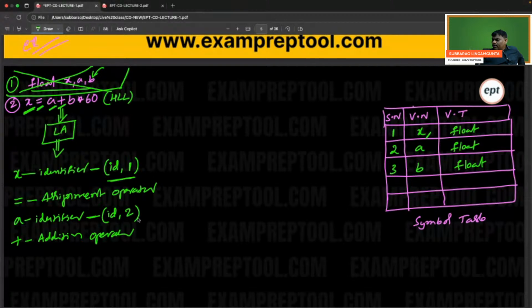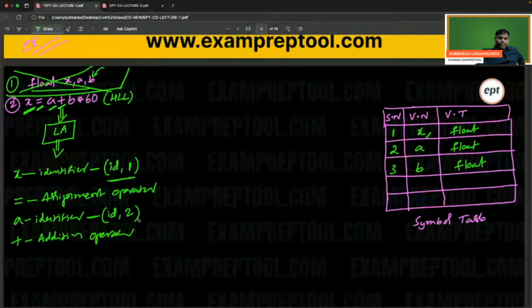Only the people who are there in the symbol table get a token number. Plus is an addition operator. For operators, there are no token numbers. Identifiers have a token number because they are there in the symbol table. Why? I will explain.